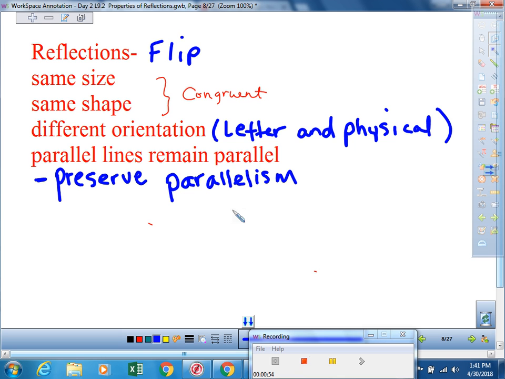You never know. Characteristics is a good pop quiz. Really good. And by Thursday and Friday, we will have probably all the characteristics of all 4 transformations.